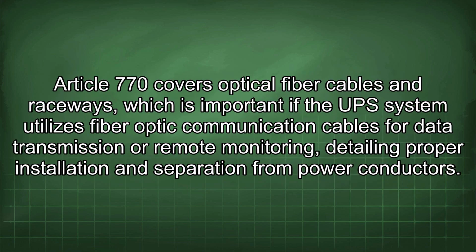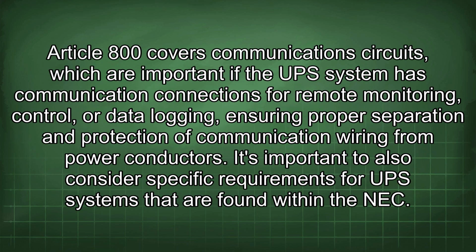Article 770 covers optical fiber cables and raceways, which is important if the UPS system utilizes fiber optic communication cables for data transmission or remote monitoring, detailing proper installation and separation from power conductors. Article 800 covers communication circuits, which are important if the UPS system has communication connections for remote monitoring, control, or data logging, ensuring proper separation and protection of communication wiring from power conductors.